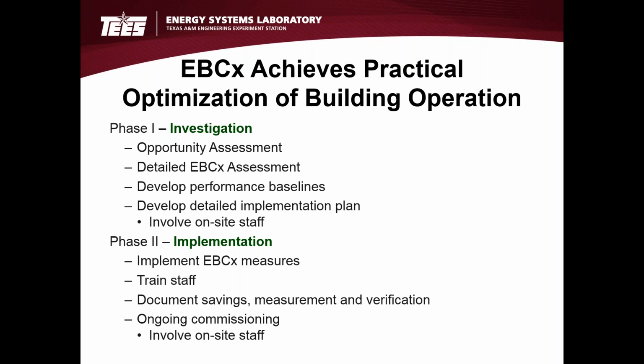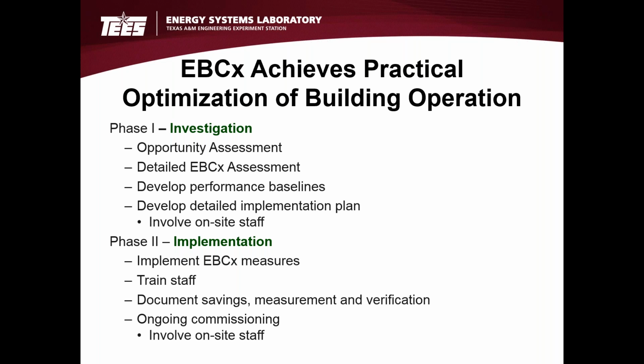And that investigation phase, in our process, is broken down into several individual steps as well, because the first thing we want to do is figure out whether it's worth sending someone into a building. So that's what we call the opportunity assessment, which is performed remotely.